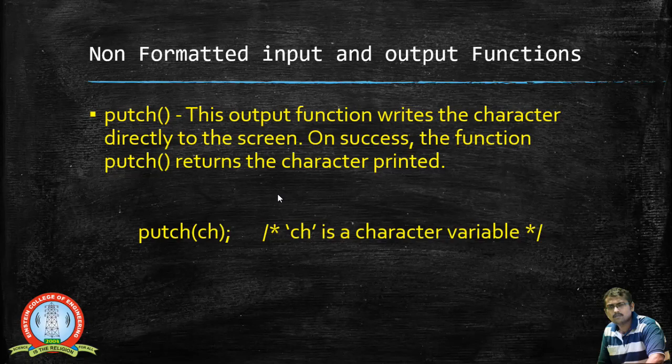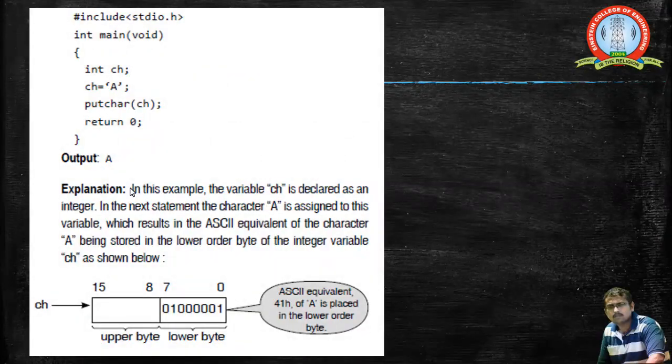Continuing with this, we have one more function called putch. This putch writes the character directly onto the screen. Whenever you have any character to be printed on the screen, you can use this putch function, which will print the character on the screen.